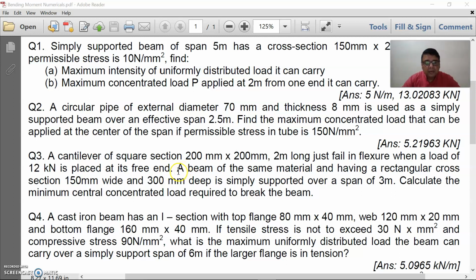Second part: a beam of the same material and having a rectangular cross section of 150 mm wide and 300 mm deep is simply supported over a span of 3 meter.